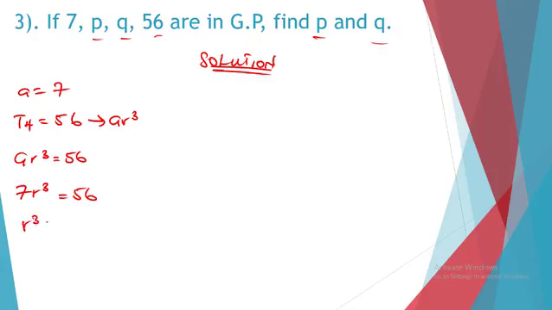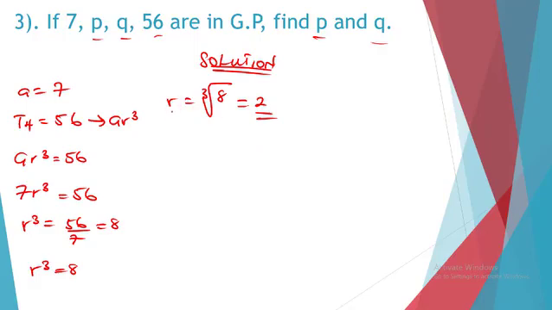Now r cubed is equal to 56 divided by 7, and that will give us 8. So r^3 is equal to 8, and r then will be equal to the cube root of 8, which is equal to 2. So our r is 2.